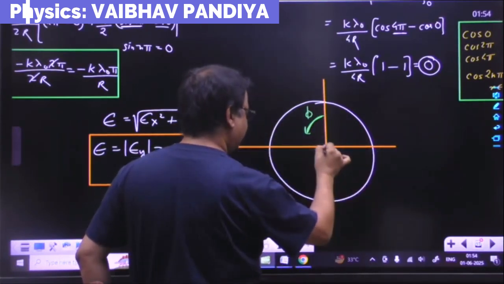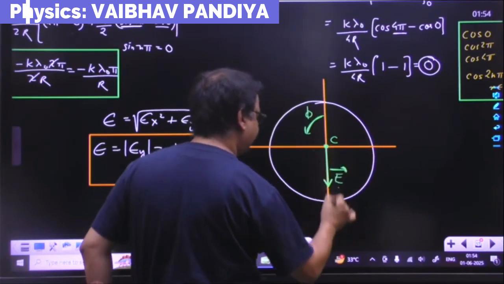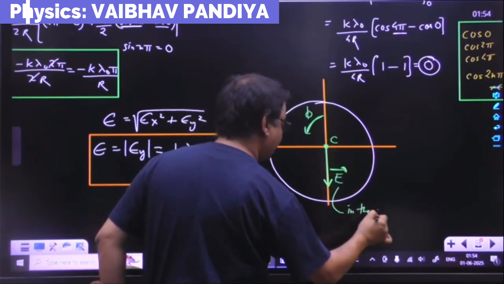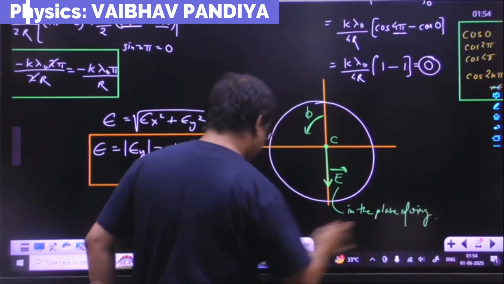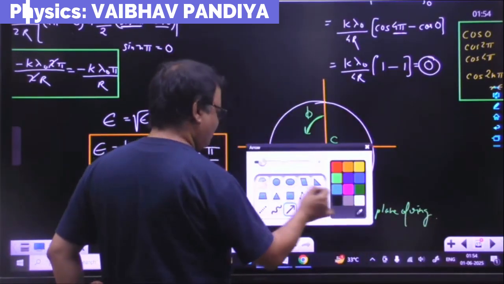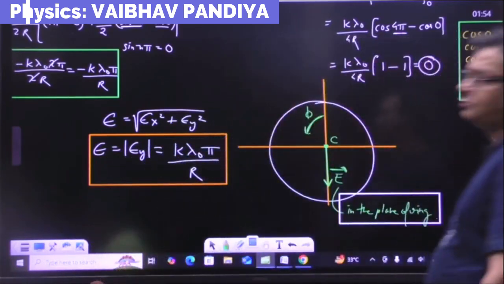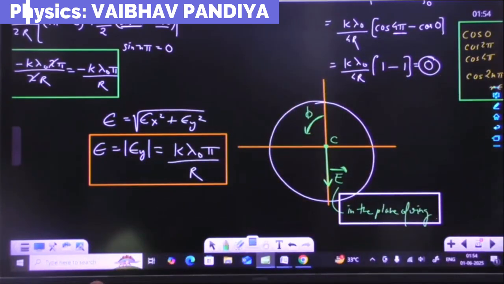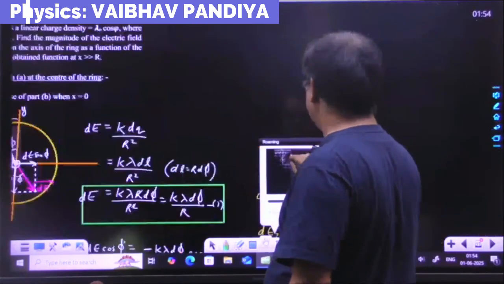In the Irodov problem, we simply need to find the magnitude, but I'm also indicating the direction. So this is the net electric field at the center, and this field is in the plane of the ring only, correct? There is no component of the field perpendicular to the ring. So this is your answer to part A, the field at the center of the ring.